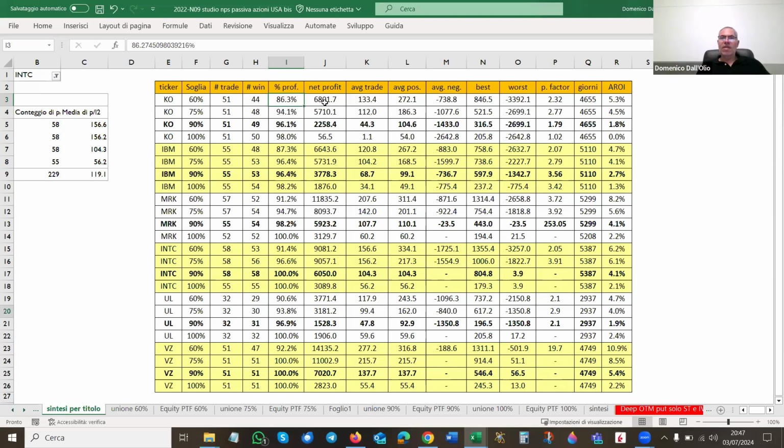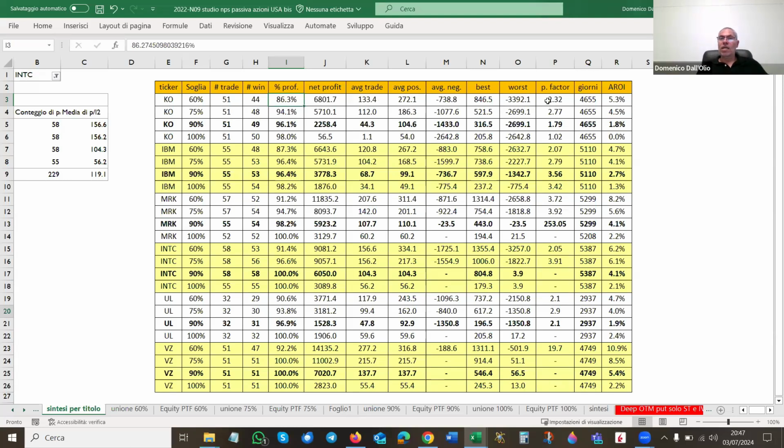Net profit, 6,800. Average trade, 133 per trade. Average positive, 272. Average negative, minus 738. The best, 846. The worst, minus 3,392. There's always a trade-off between the probability of success, the average trade, the best profit, and the worst loss you might ever face.